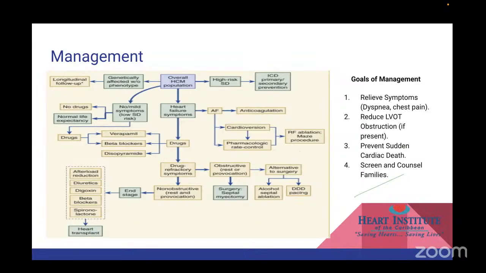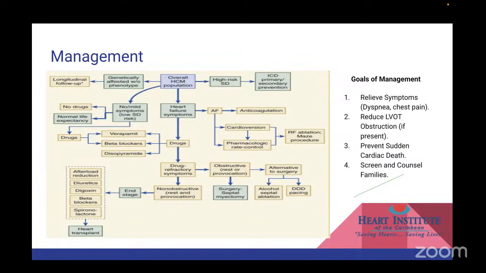You want to be careful with the use of diuretics in them, because you don't want to reduce your preload. But some of them also present in heart failure, so you have to judiciously and carefully put them on beta blocker so that you don't worsen the preload.